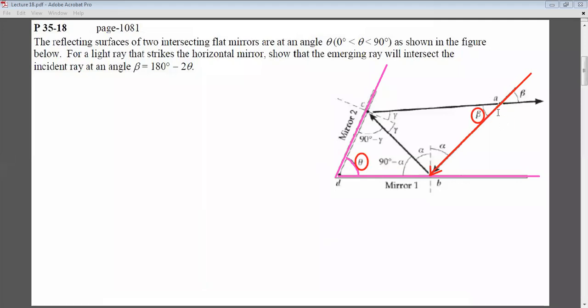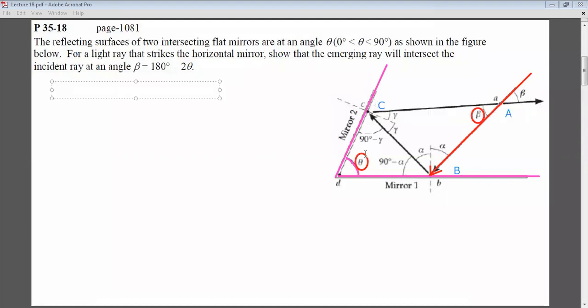Okay. In order to do so, we're going first to look at this triangle, A, B, C, okay? So in this triangle A, B, C, what do I have?